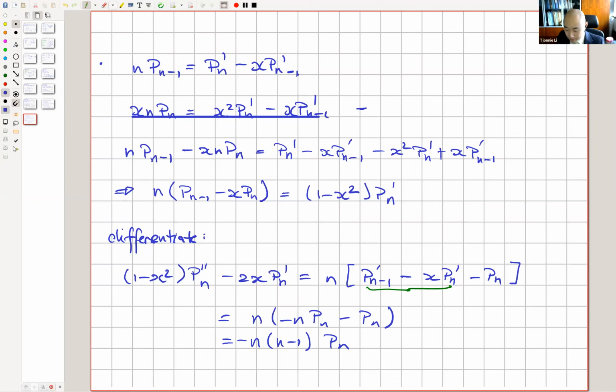Okay, so indeed, we have worked it out in such a way that now I get 1 minus x squared pn double prime minus 2x pn prime plus n times n plus 1 pn equals to 0. Very proud. Okay, so this is indeed what I set out to prove.